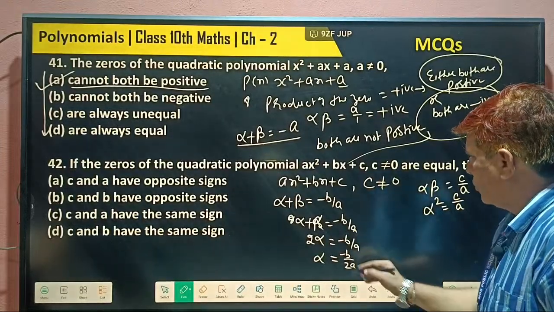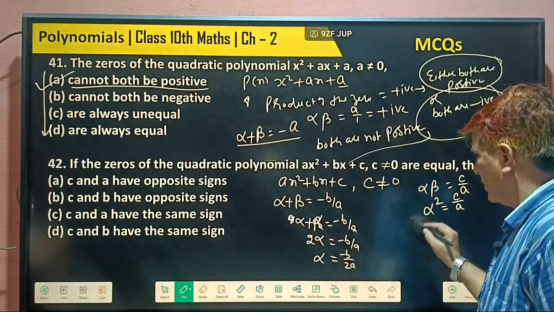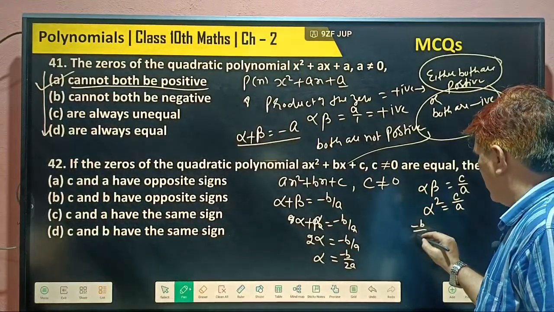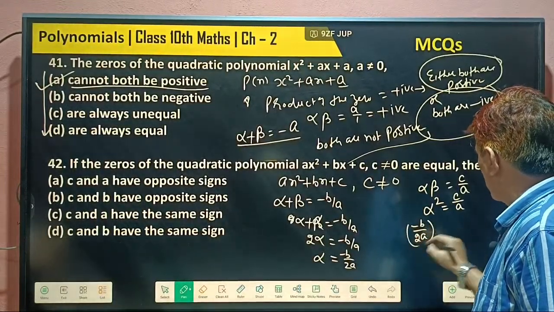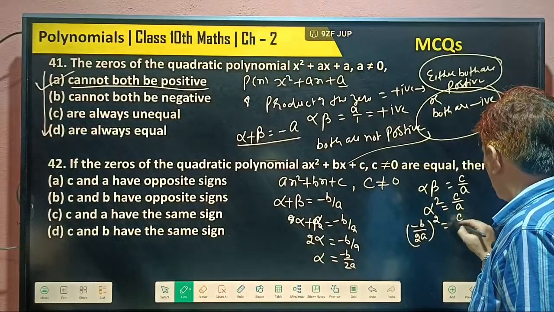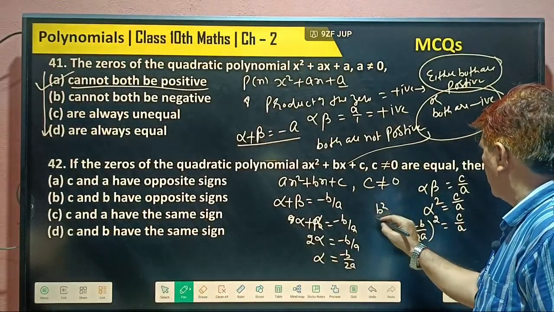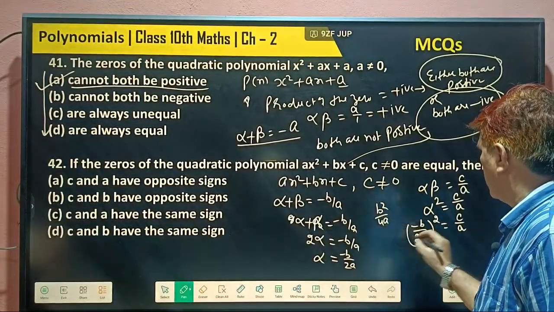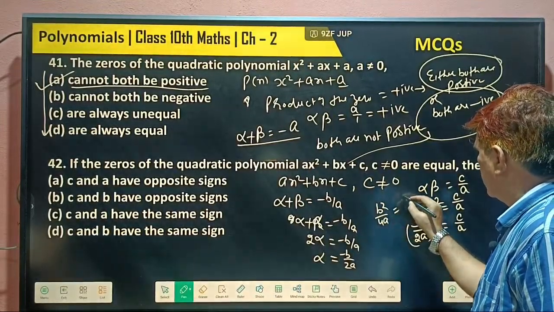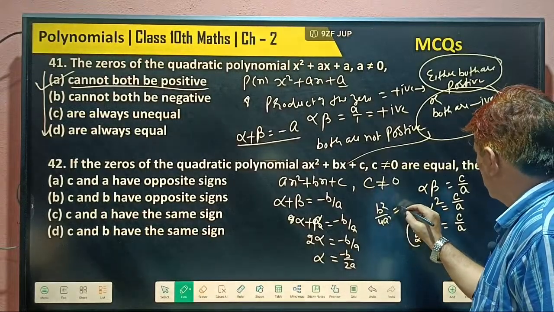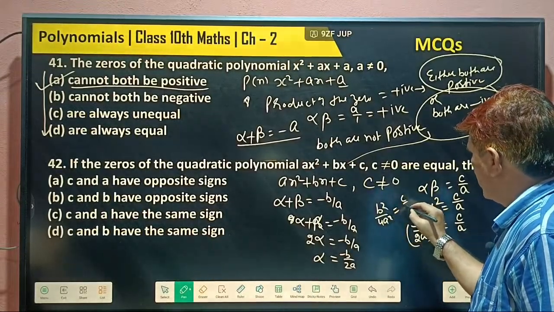And what's the value of alpha? Minus b by 2a, whole square, is equal to c by a. This becomes b square by 4a square equal to c by a.